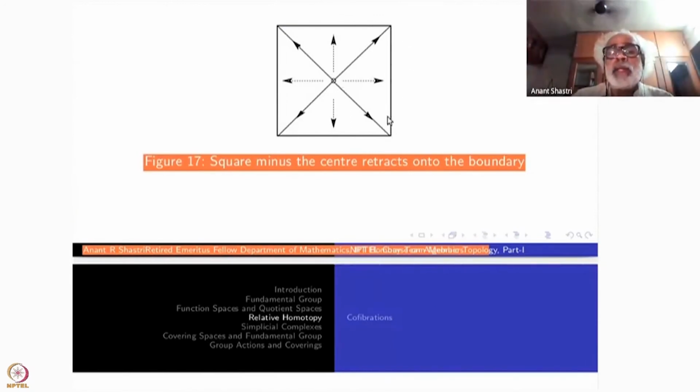Take any y here, x coordinate is 1, y coordinate is changing. Send it to y by x. So that is the formula.